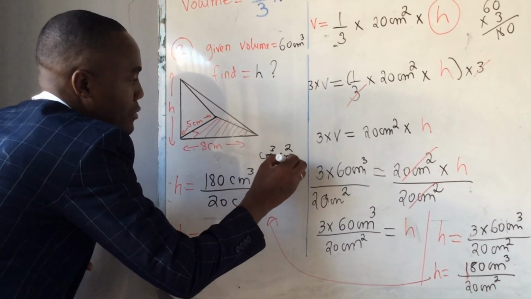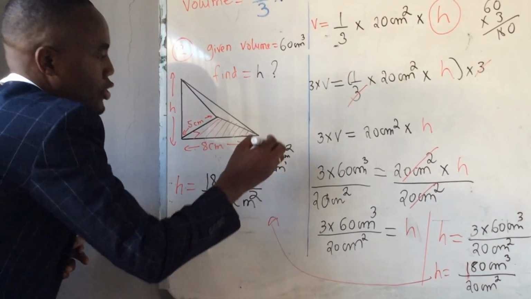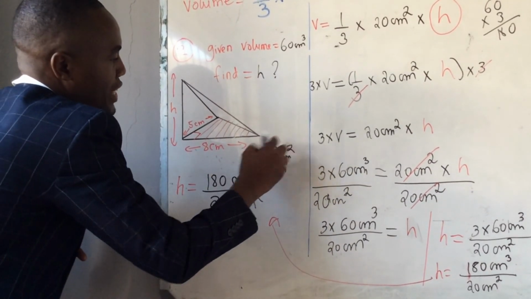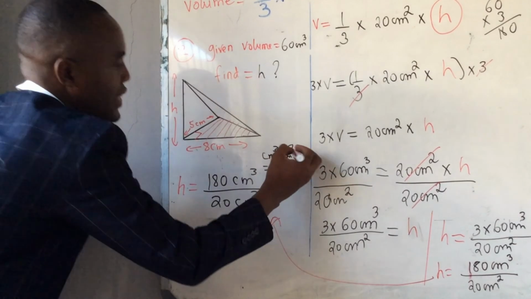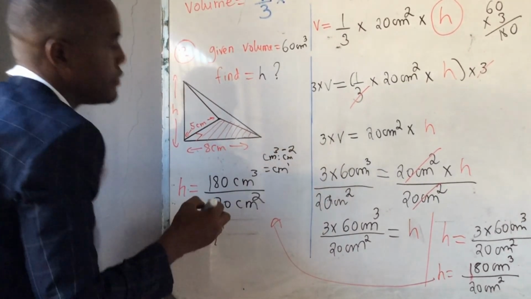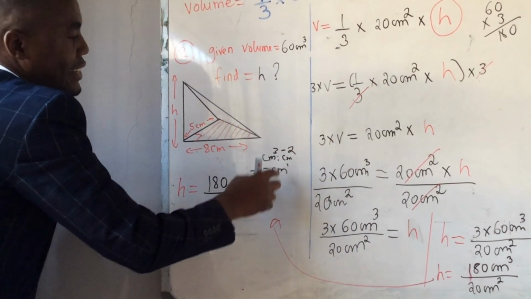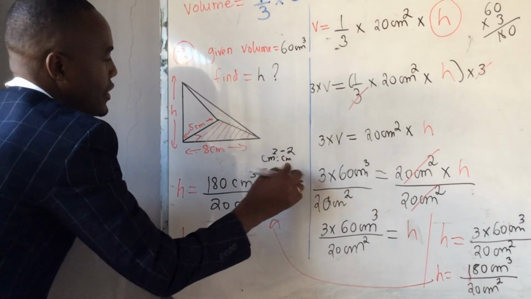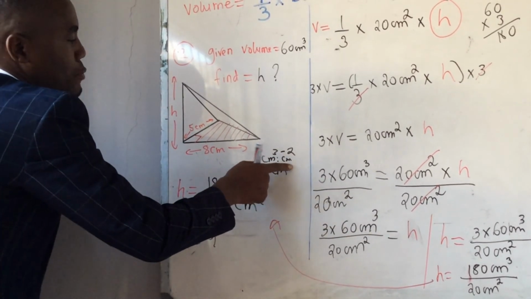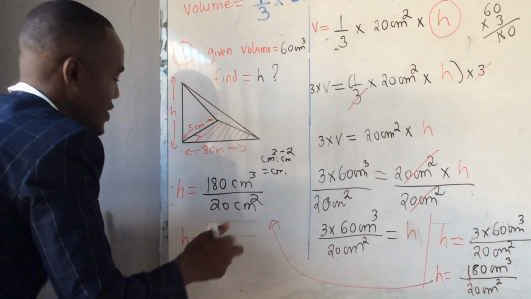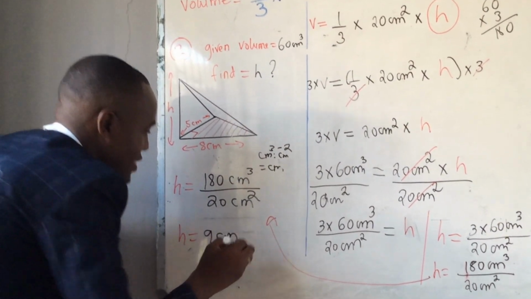So we have centimeters to the power of 1, because when we do 3 minus 2, we have 1, alright? So we have here just centimeters. We don't have to write the exponent of 1, it's just centimeters. So we have 9 centimeters.